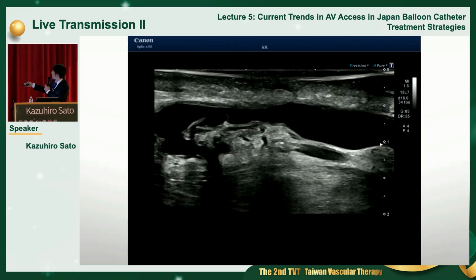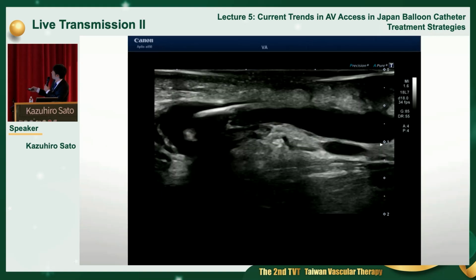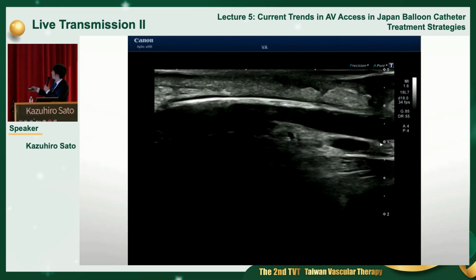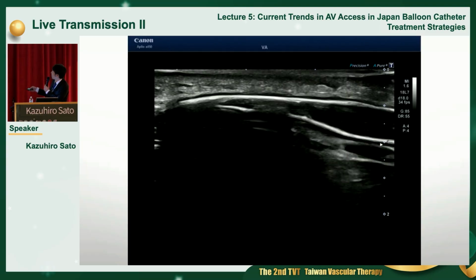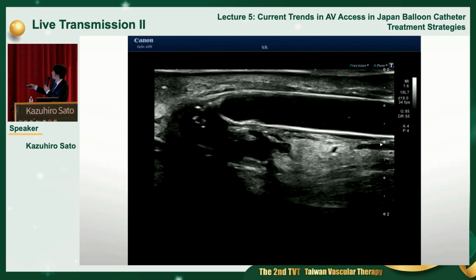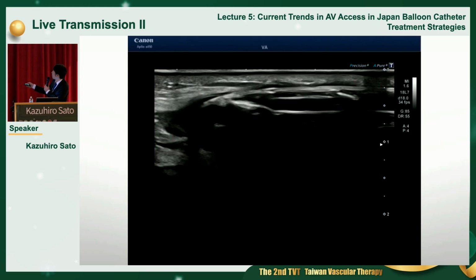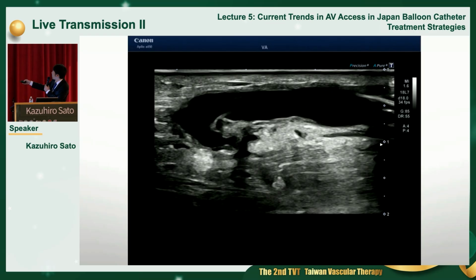And now this time I use Yoroi for the same case. When pressurizing Yoroi, it's different from the Mustang. It doesn't slip. So after dilating with Yoroi, the stenosis was completely dilated like this, and the function of the IVF improved.